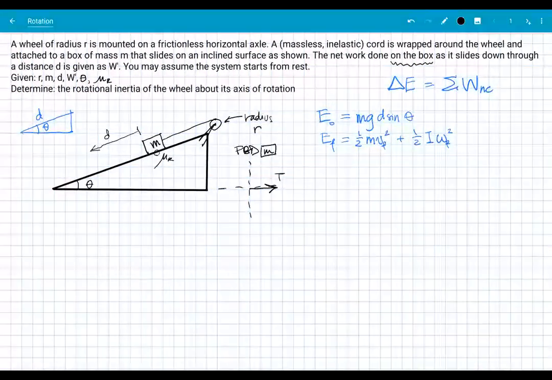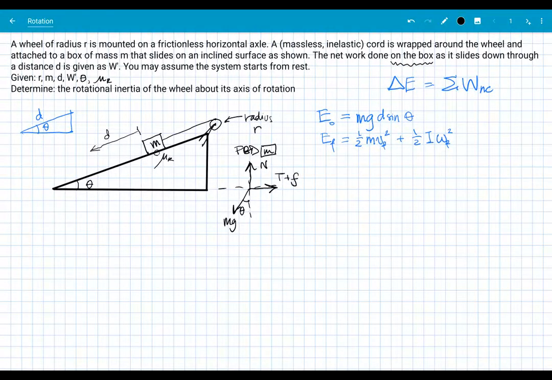We would have a normal force. We would have the weight of the block off at some angle theta, and then we're going to have the frictional force. The displacement would be off to the left in this case because it's going down the incline. So I've taken care of everything that's in contact with the block. It's in contact with the cord and the surface beneath it. And then I have my one invisible force, which is weight.